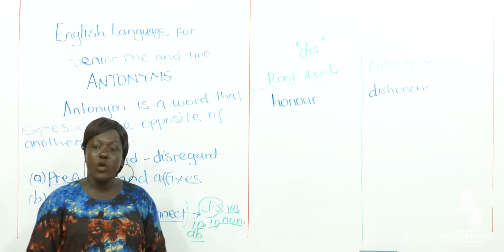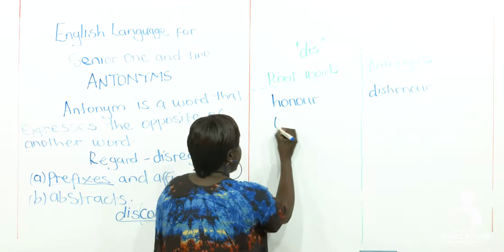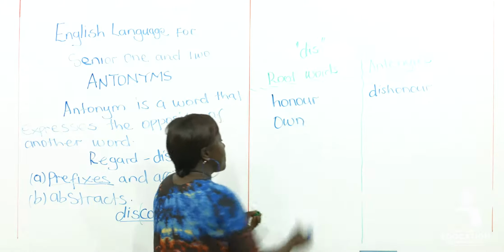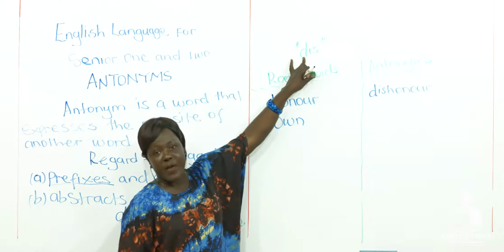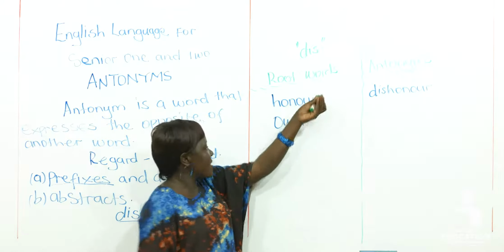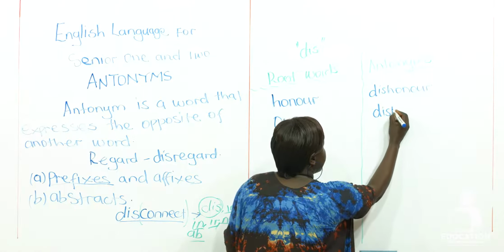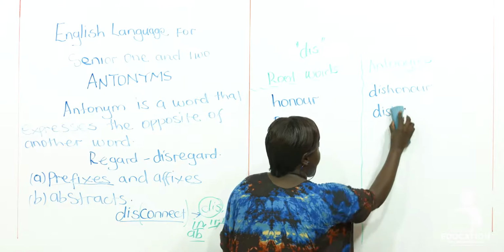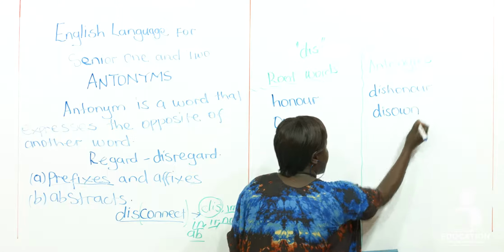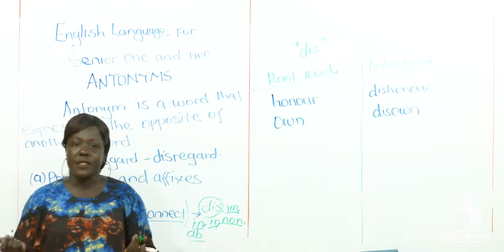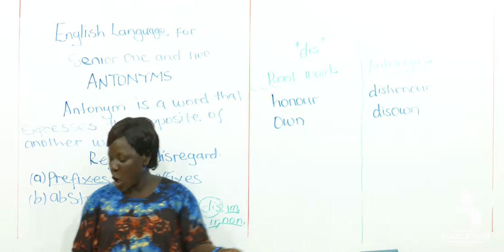So you can also use words like on. Instead of saying not to on, you will just add this prefix this and say dishon. So you just add this into the root word on, it will become dishon.